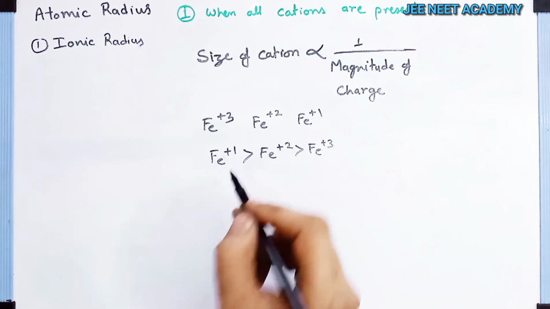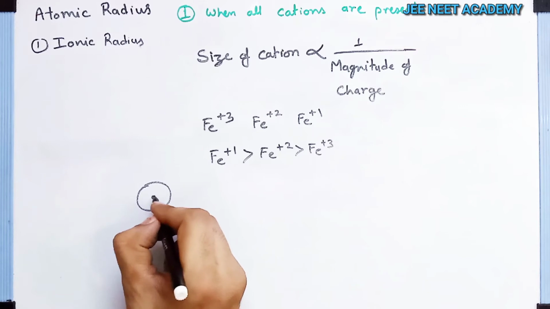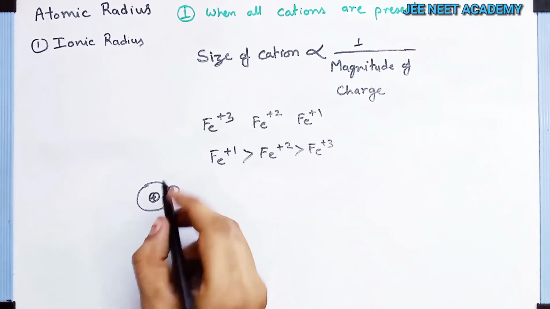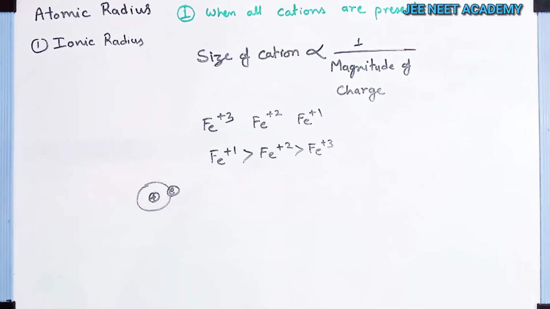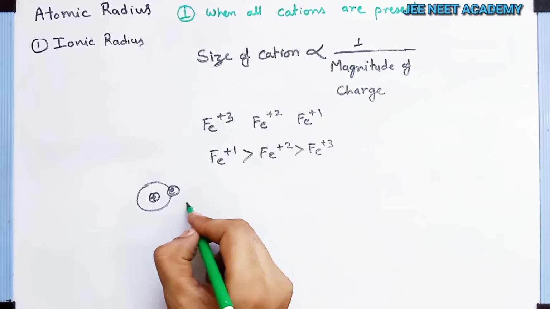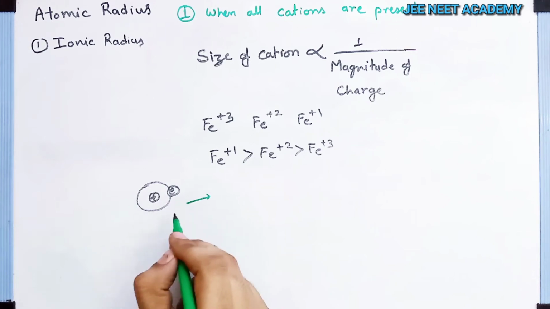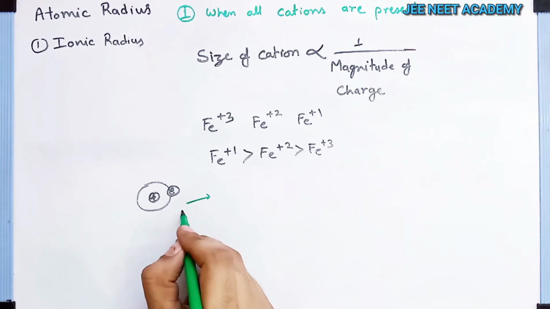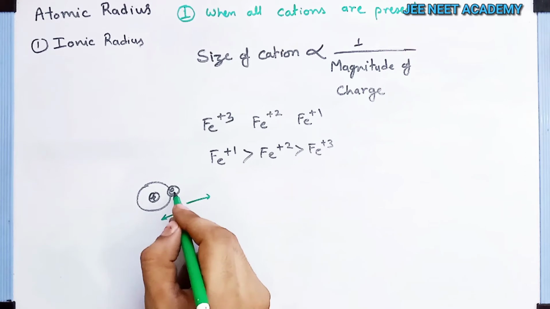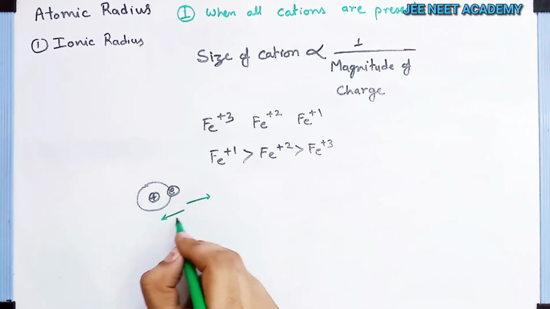The outermost electrons are more. So for the first case, electrons are attracted to the center of the atom by the protons.